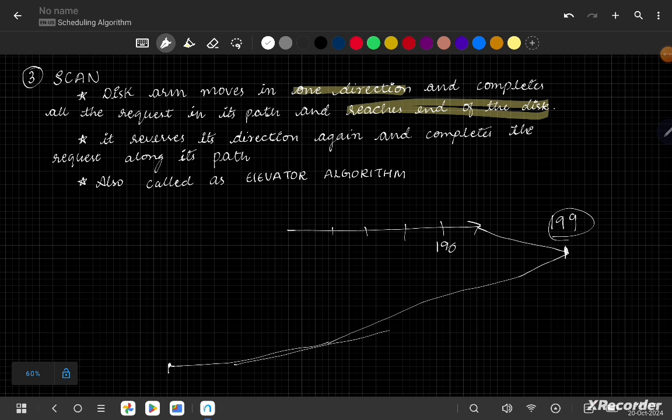It is also called the elevator algorithm because an elevator is programmed in the same way. So this is called your scan algorithm. We'll take a problem and try to understand how scan algorithm works.